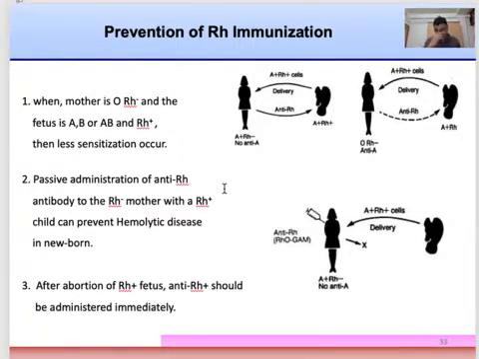How? Think this way: the fetus is Rh positive, which means it has Rh antigen. It crosses the placenta and enters the mother's body. If you have already injected some anti-Rh antibody into the mother's body, then whenever this fetal Rh positive antigen enters the mother's body, the injected anti-Rh antibody will bind with the incoming Rh antigen and neutralize it.